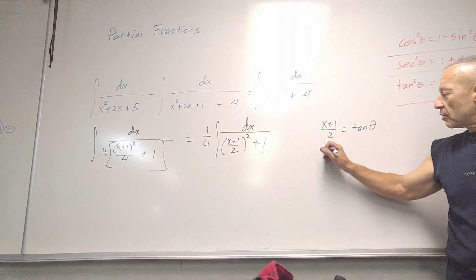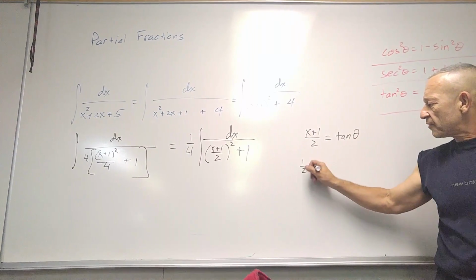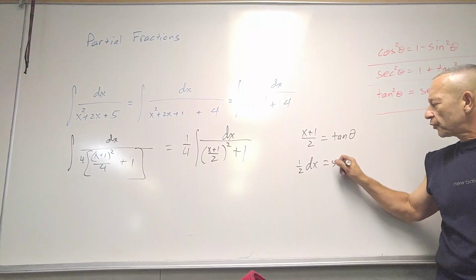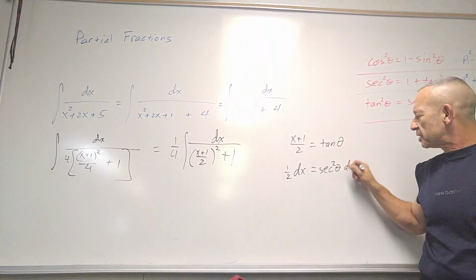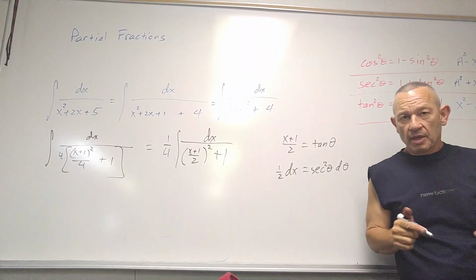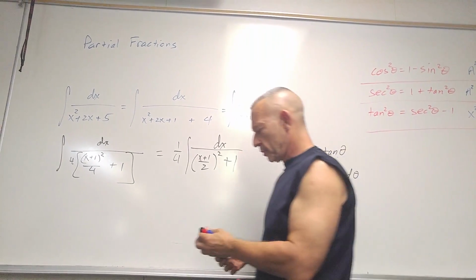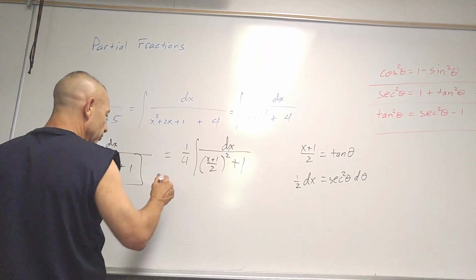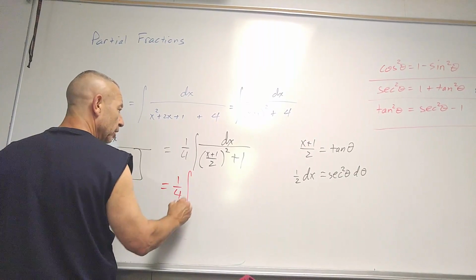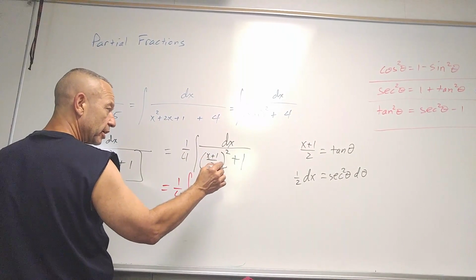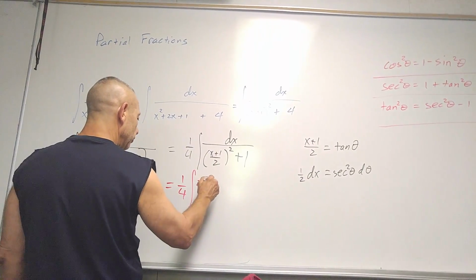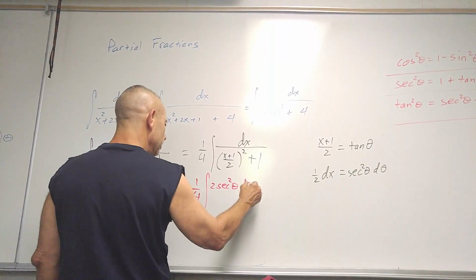So now, 1/2 dx equals secant squared theta d theta. And I can rewrite this as 1/4 integral dx, where dx is 2 secant squared theta d theta.